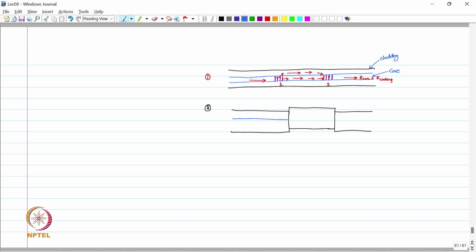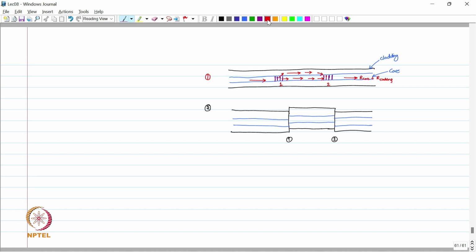Inside this we have the core, so we can see some part of this optical fiber is misaligned and we have a discontinuity, and let's say this is discontinuity 1 and this is discontinuity 2.